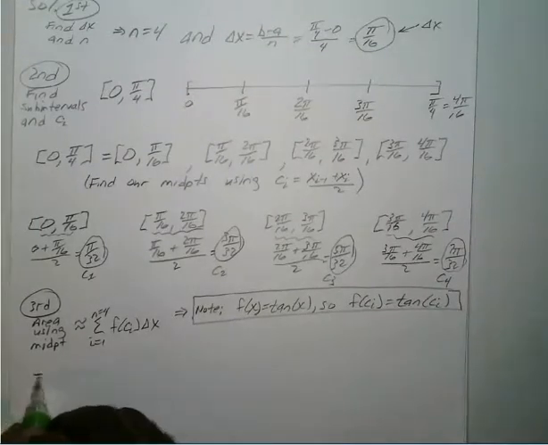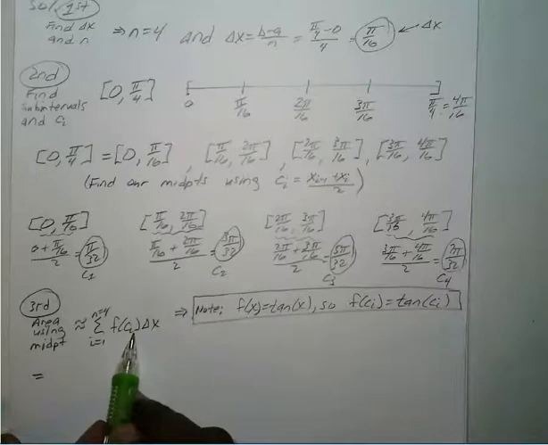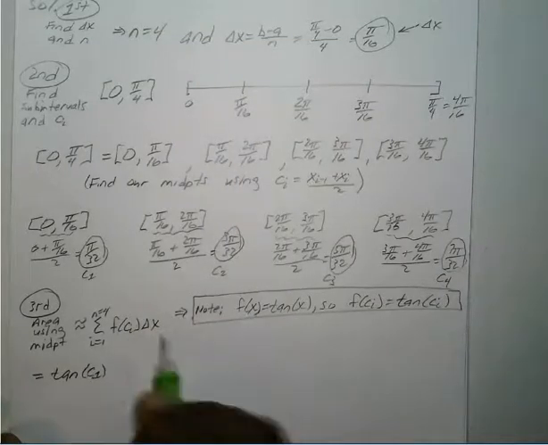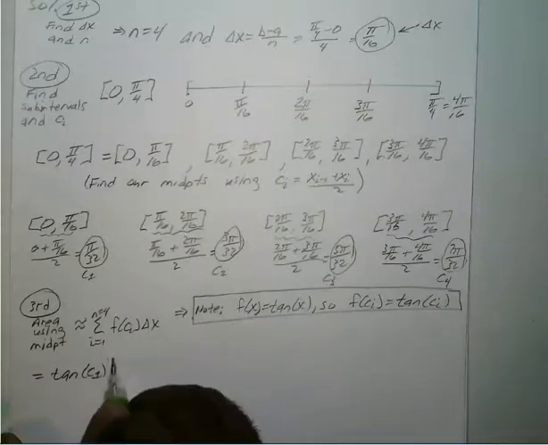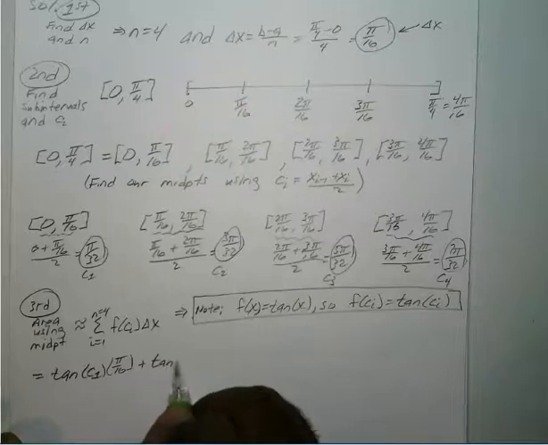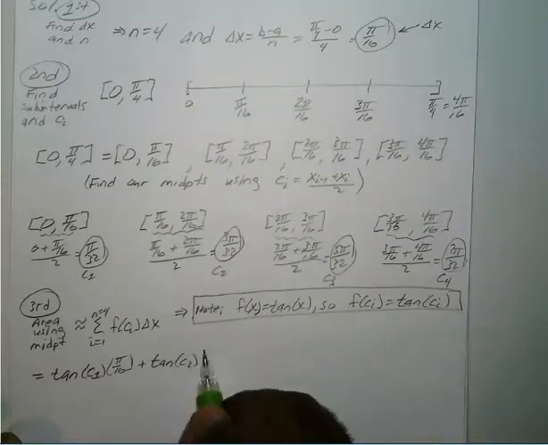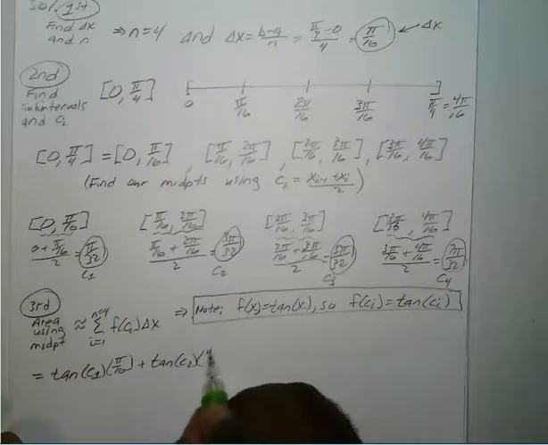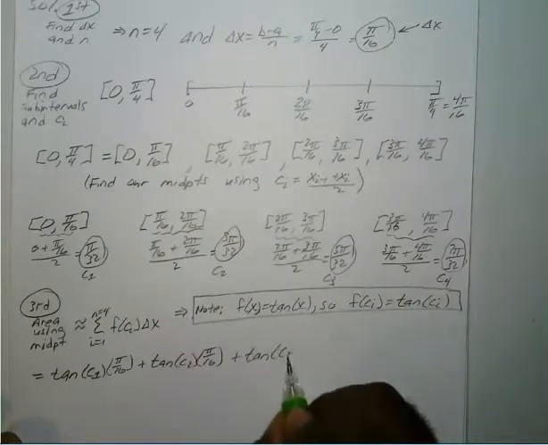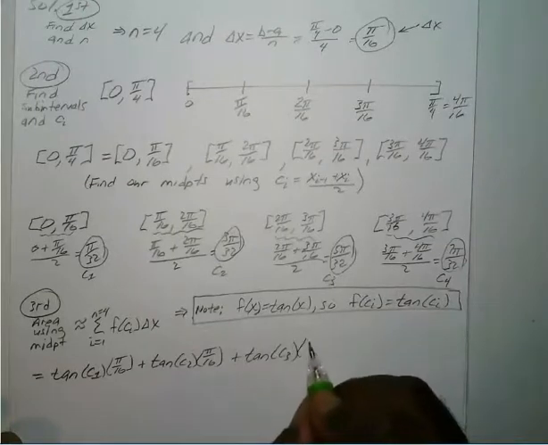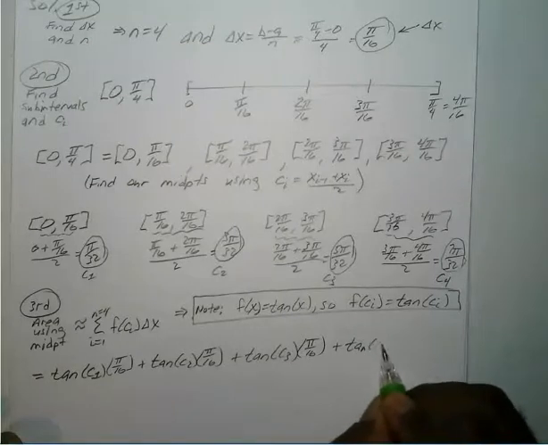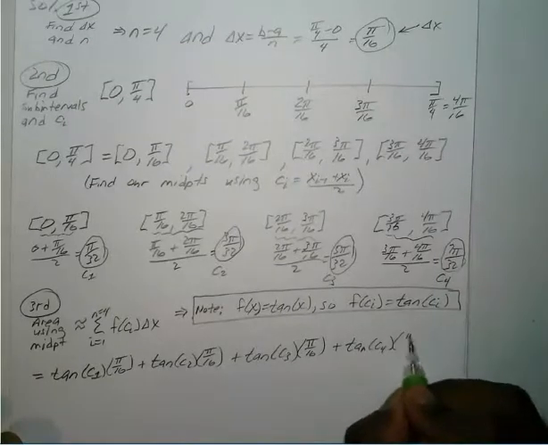So that's going to equal tangent of C sub 1 times your delta x, which is pi over 16, plus tangent of C sub 2 times delta x, which is pi over 16, plus tangent of C sub 3 times delta x, which is pi over 16, plus tangent of C sub 4 times delta x, which is pi over 16.